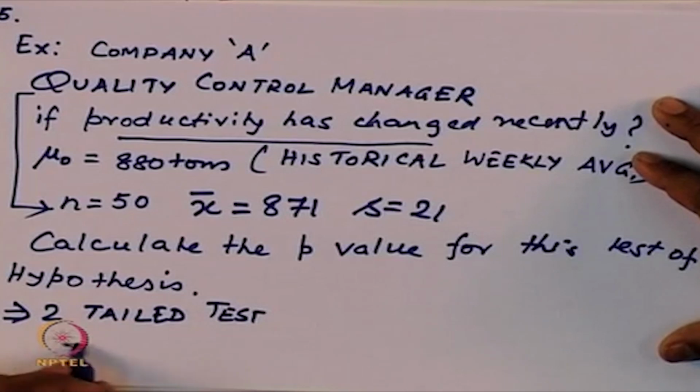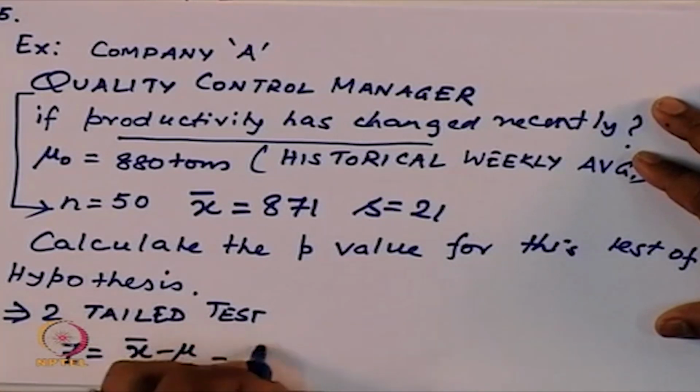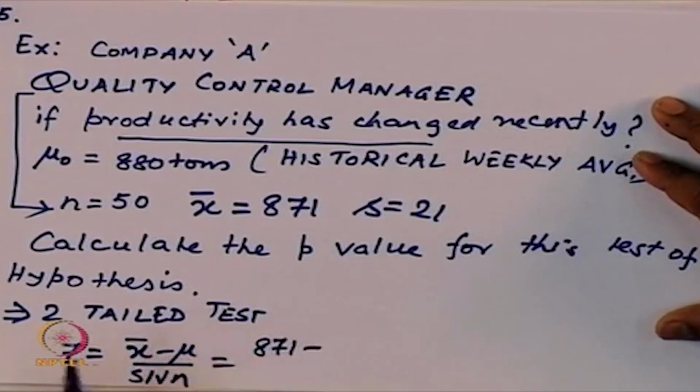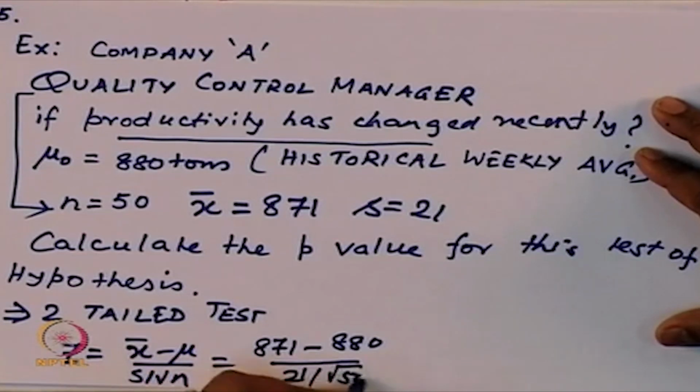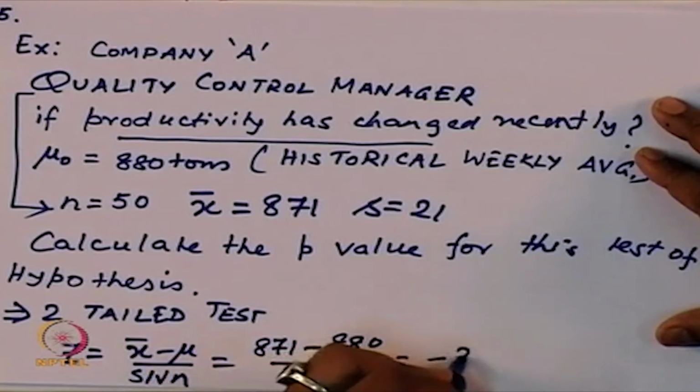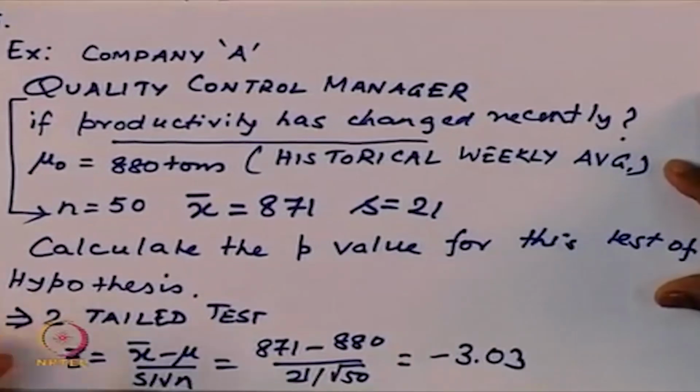You can calculate the value of Z, which is going to be x bar minus mu by S by root n. X bar is 871 minus mu is 880, S is 21 by root of 50. This gives me a value of minus 3.03.